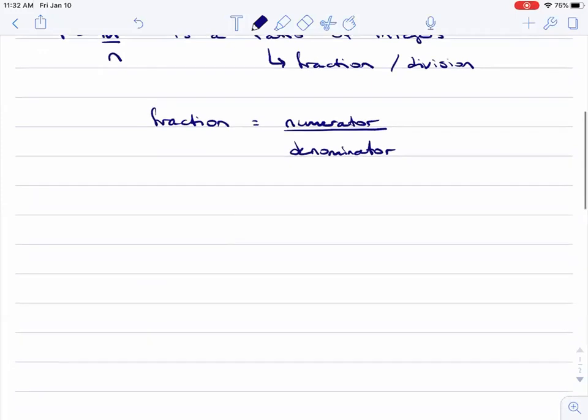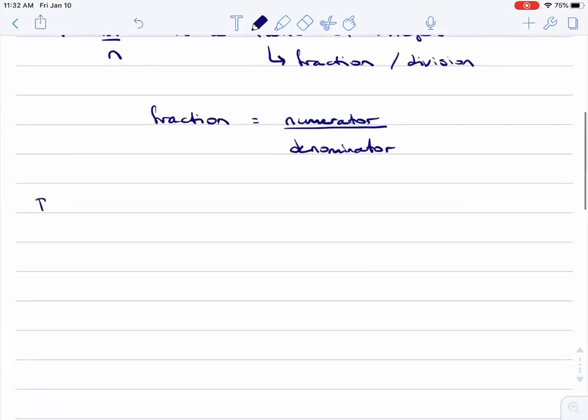So here's a rule: we cannot divide by 0. This is going to be important later on when we start talking about things like the domain of a function. Keeping in mind that if I'm trying to divide by 0, something bad is going on.